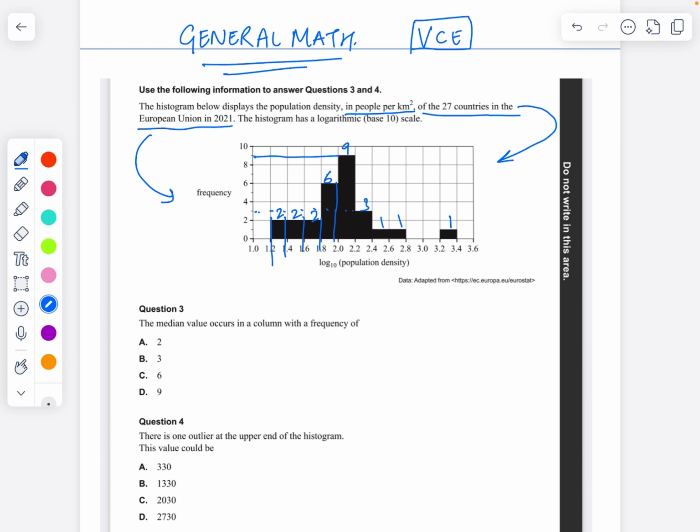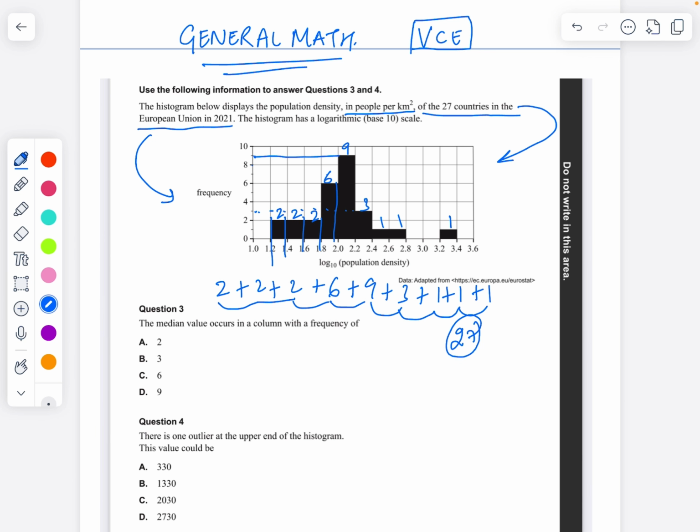If you add them up, 2 plus 2 plus 2 plus 6 plus 9 plus 3 plus 1 plus 1 plus 1: 2 times 3 is 6, 6 plus 6 is 12, 12 plus 9 is 21, 21 plus 3 is 24, and 25, 26 and 27. This is how you calculate that the number of countries is 27.